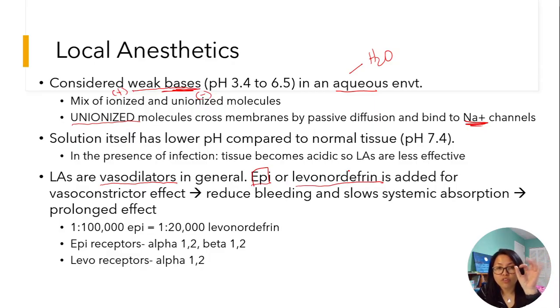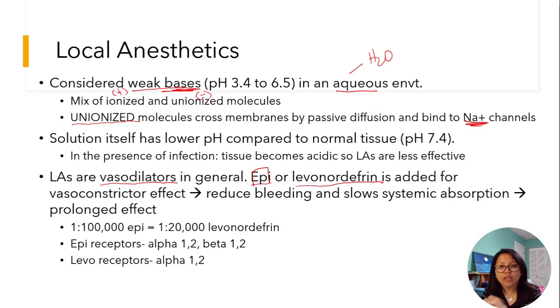When the blood vessels are constricted, local anesthetics would be distributed more slowly into the systemic circulation. That's why, technically speaking, you are prolonging the effect of the local anesthetic.